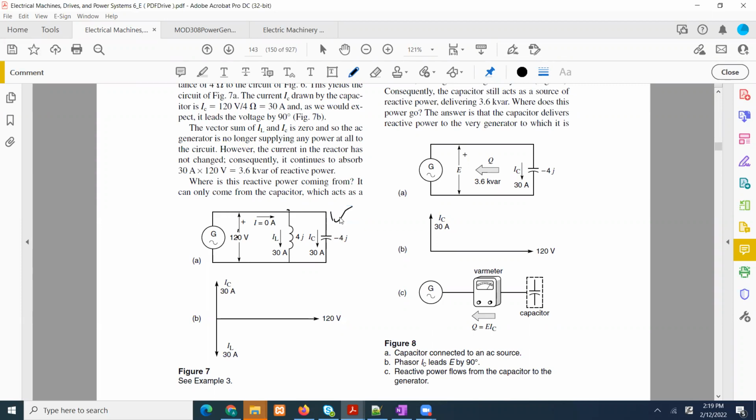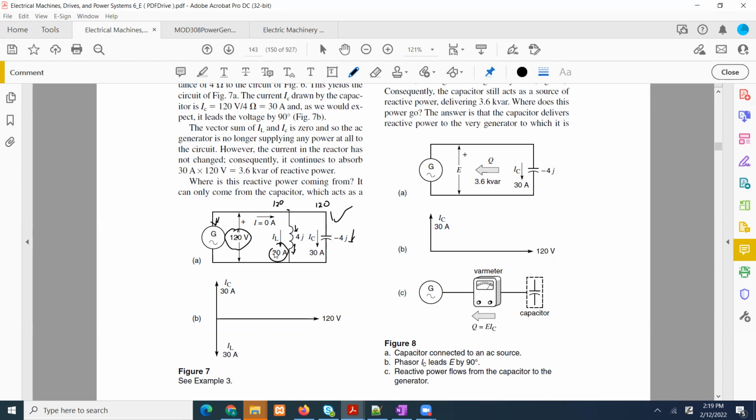Okay, so when we add a capacitor, if you look here, 120 volt is coming from this generator, and then 30 amp is going through the inductor, and 30 amp is going through this capacitor. Of course the voltage here is going to be 120 and 120, and the reason is it is a parallel circuit.